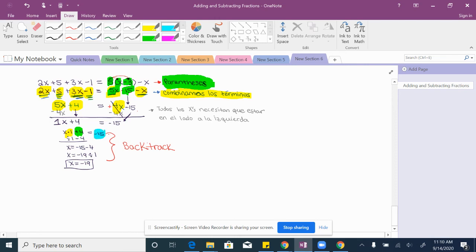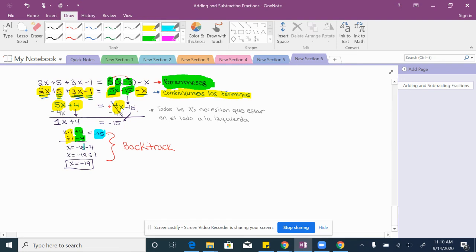Then we do the opposites. The opposite of positive 4 is negative 4. The opposite of multiply by 1 is divide by 1.